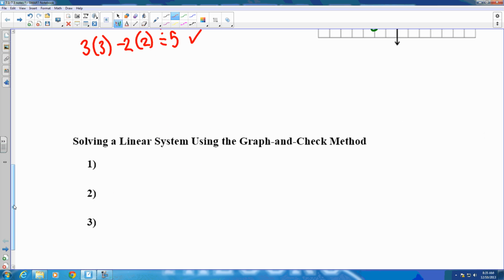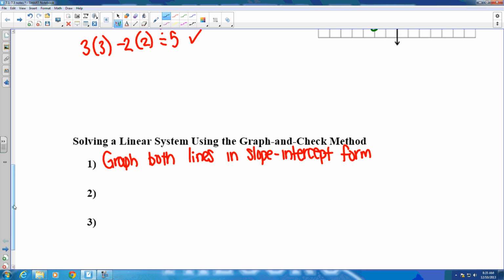Okay, so summing up what we just did, we need to graph both equations in slope-intercept form preferably. Then we're going to estimate the point of intersection. It's not always going to end up on a perfect line, so we're going to estimate it.